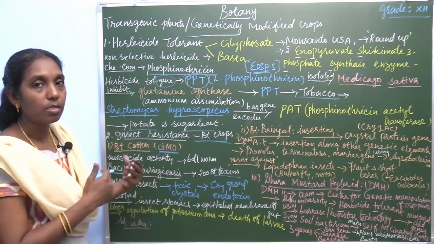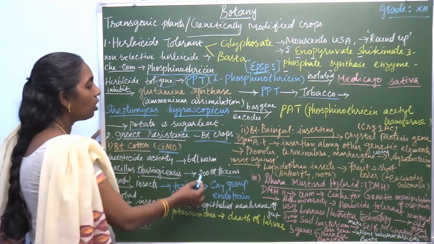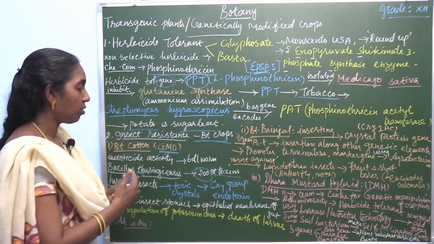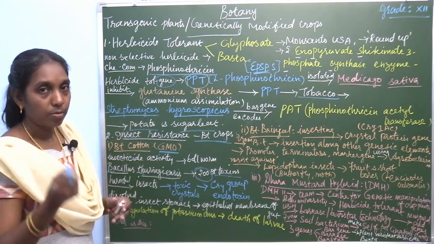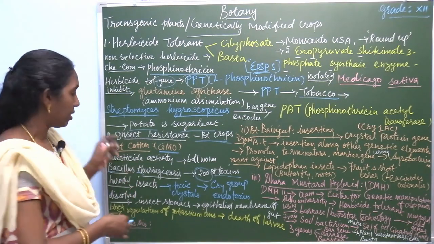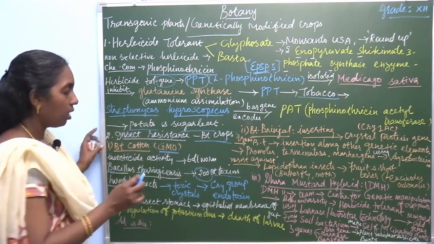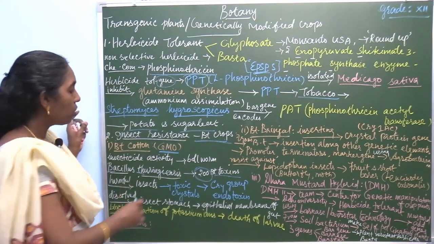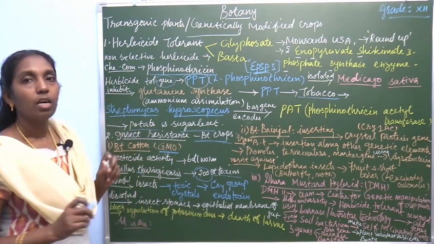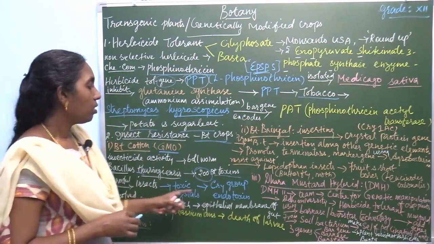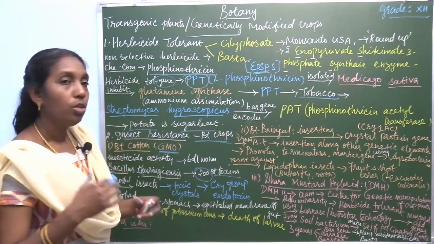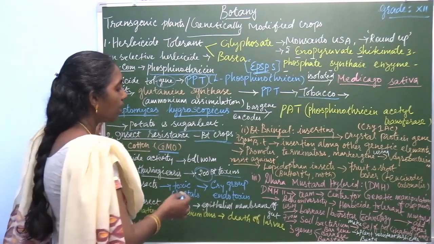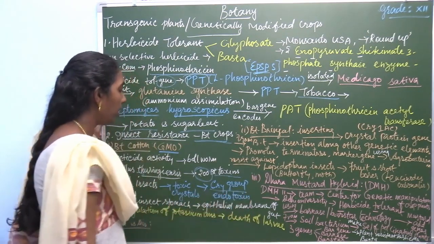That's why they are selecting this Bacillus thuringiensis. Over 200 enzymes can be isolated as toxic substances against insects. These toxic substances are toxic crystals. They are the endotoxin crystals. They come under the CRY groups.